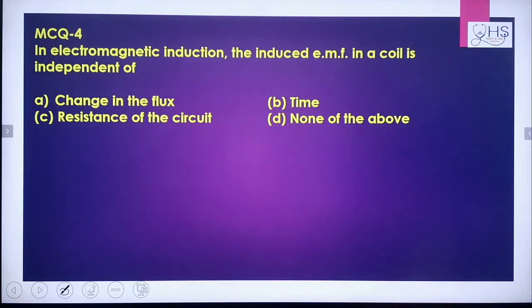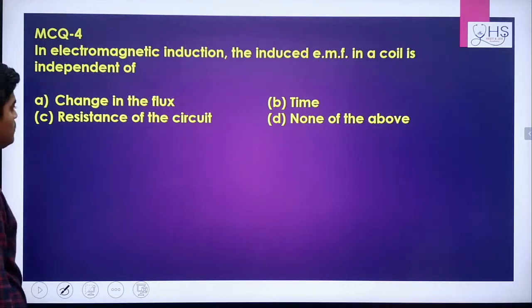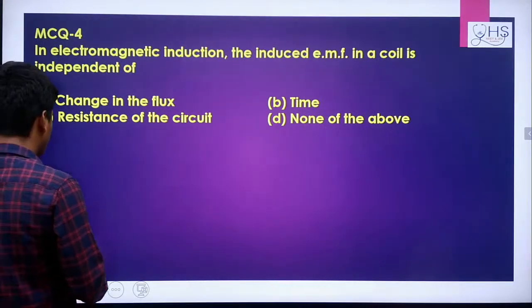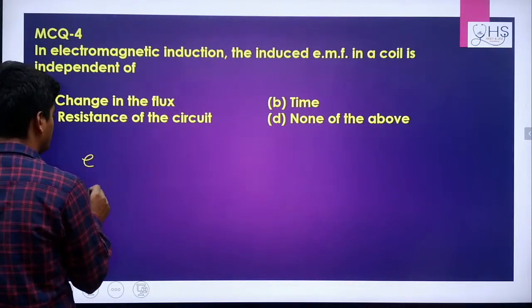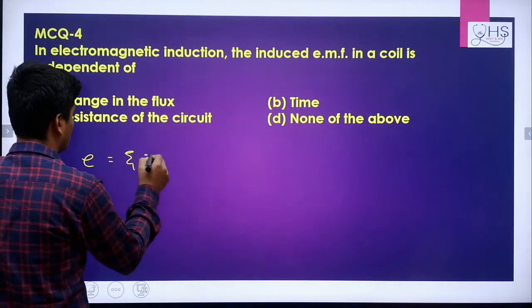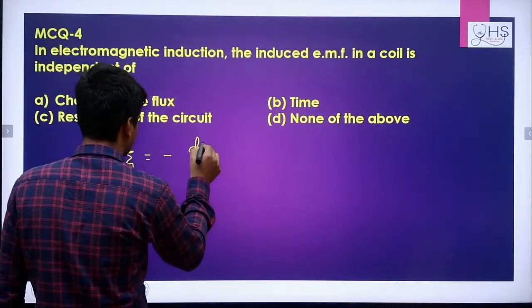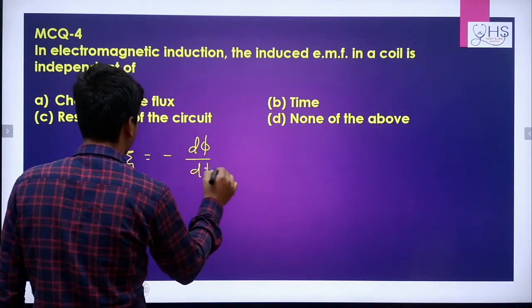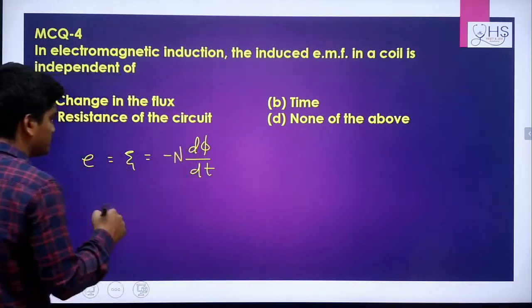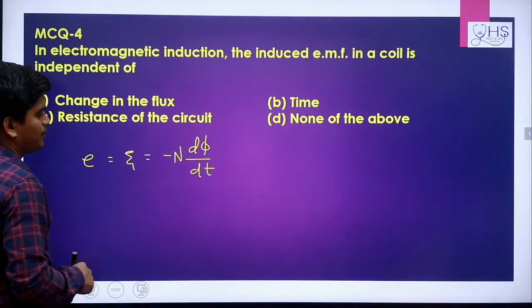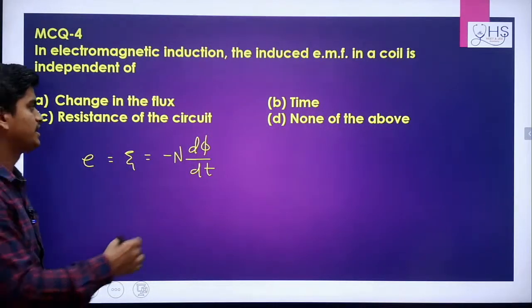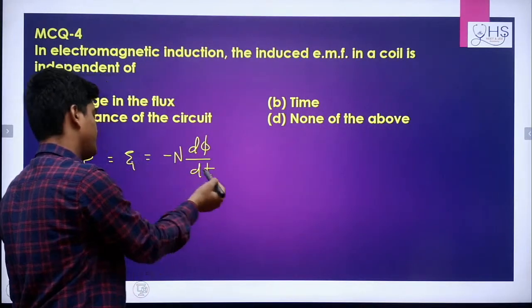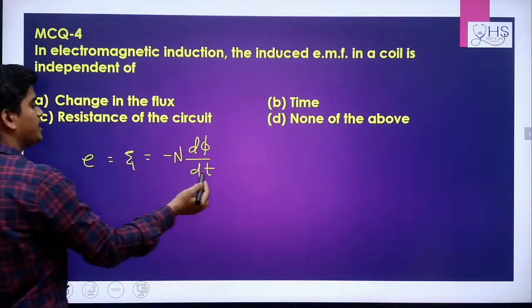What can be the answer? In electromagnetic induction, the induced EMF in a coil is independent of what? When you check the induced EMF formula, E equals minus d phi by dt. If there are N turns, you can include N also. Here change in flux is there, so it depends on change in flux. Time is there in the formula, so it depends on time.